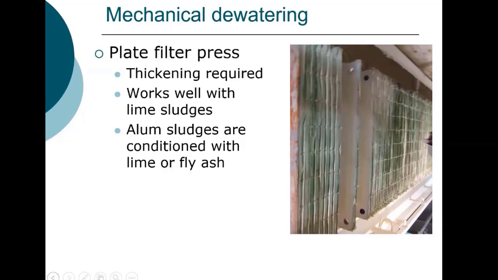These typically require routine washing. They also require an operator to be present during the opening. They have to make sure that all of the cake that's formed on this plate falls into the hopper.